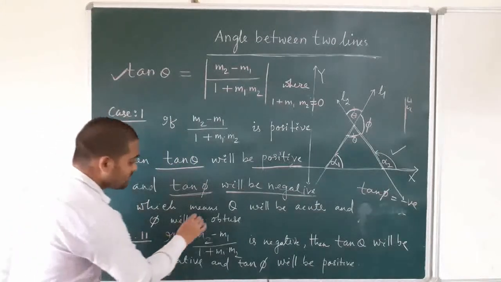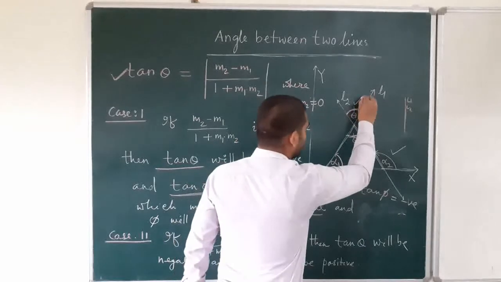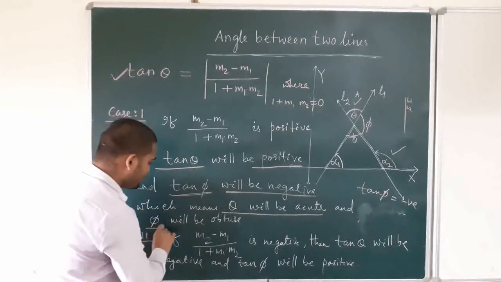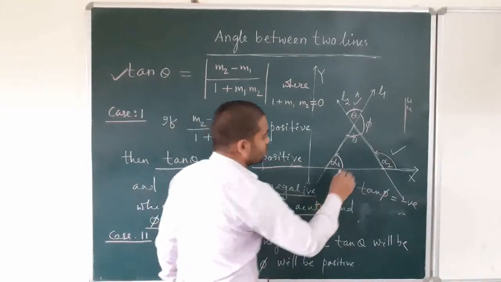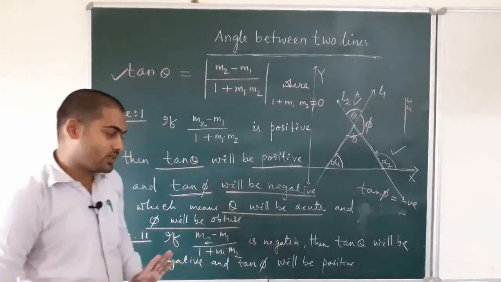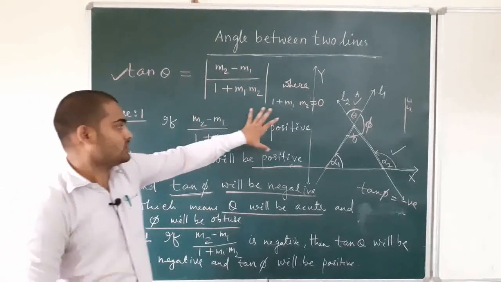Which means theta will be acute angle, and phi will be obtuse angle. Understood? This is the first case when this is positive.